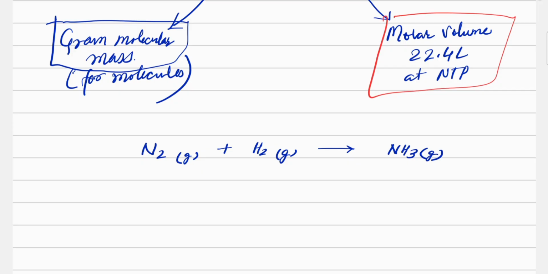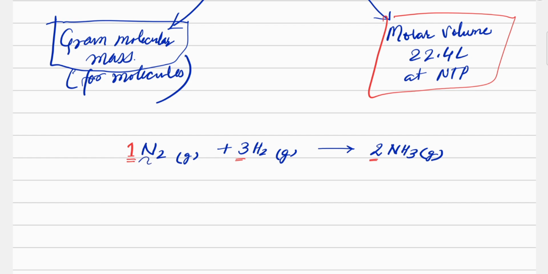This is the Haber process. If we apply the law of conservation of mass over here, these coefficients written in front of a substance are the number of moles, and where nothing is written, it means there is 1 mole. So apparently we do not write 1.